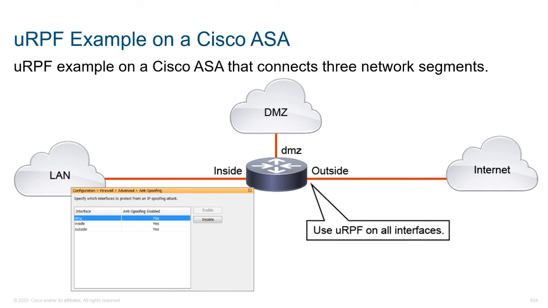And then of course we also have an example on the ASA. We can look at the configuration on what it might look like from the GUI in addition to where it might be placed. So on the outside interface, we should have this installed.